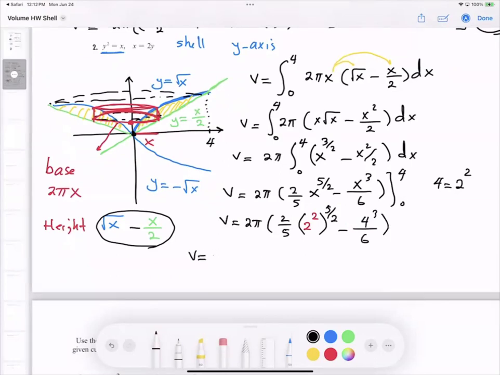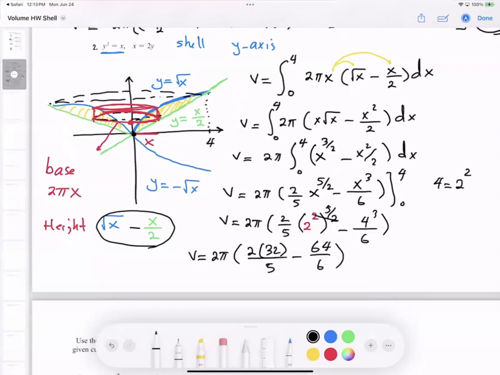So the volume is 2 pi times, here the 2 and 2 get canceled out, so you end up with 2 times 32 divided by 5 minus, should we factor out anything or just leave it as it is? Okay, let me just do the multiplication. 16 times 4, 64 minus 64 divided by 6.